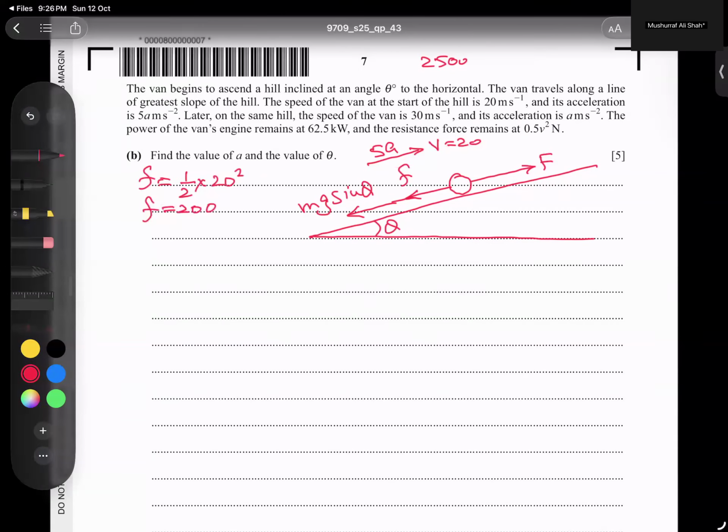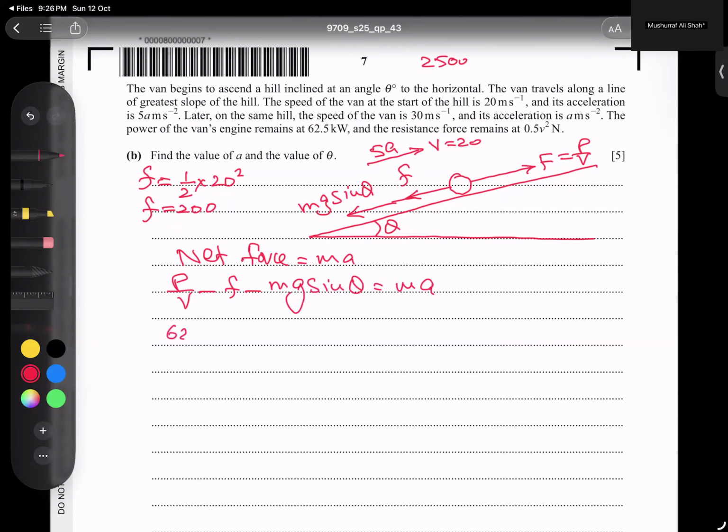Now I can apply the power formula, you know, what is the force? Force is power by V, as I said before. Net force is equal to ma. So I can say power by V minus friction minus weight component is equal to ma. I'm going to plug in the values, students.